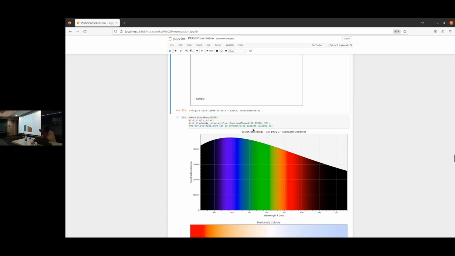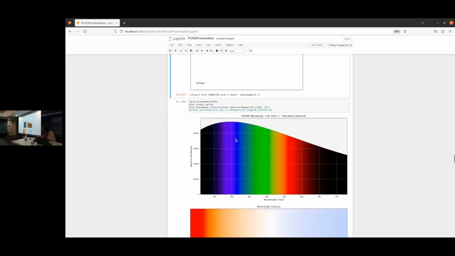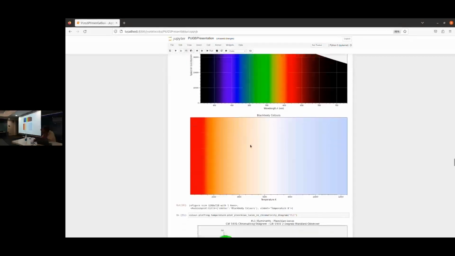So at 6,500 Kelvin, you have a peak in the black body radiation, which is somewhere close to blue. And the color of the black body, as you vary the temperature from below 2000 to supernova temperature somewhere here, varies from reddish to white to blue.